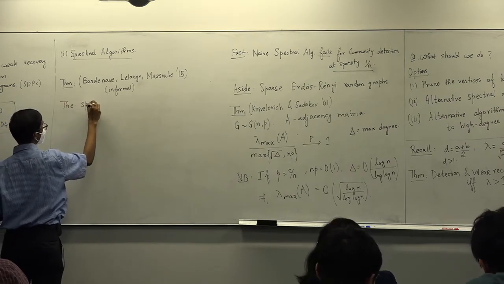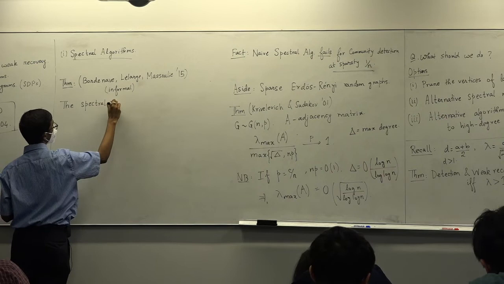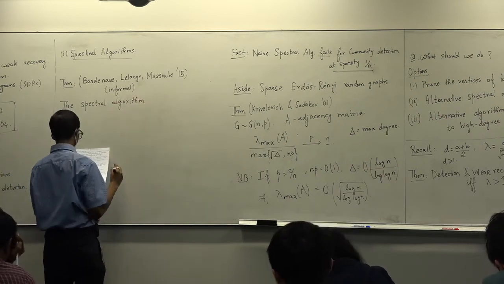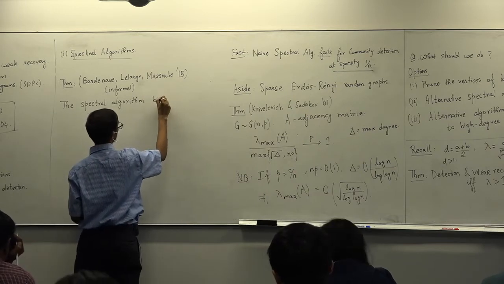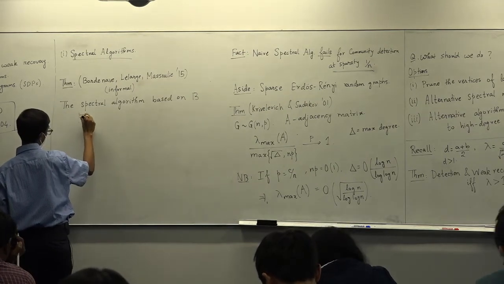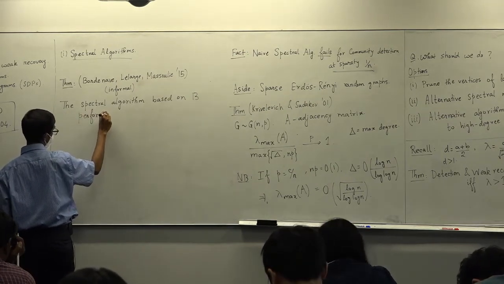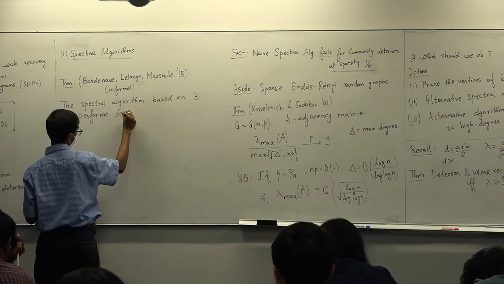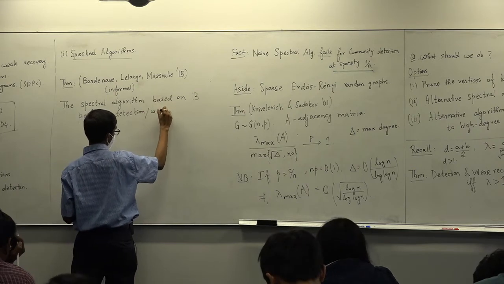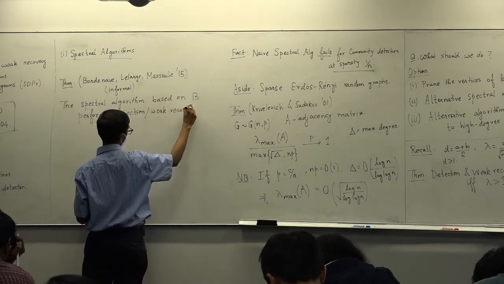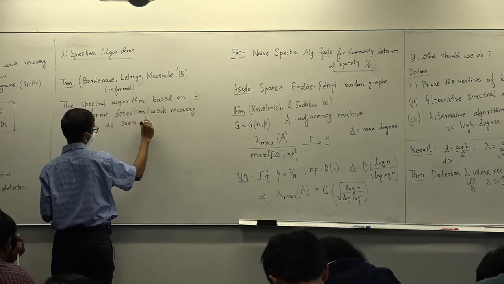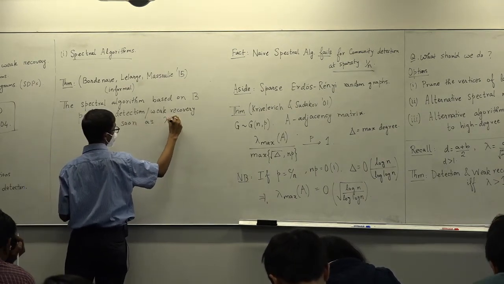The spectral algorithm based on B performs detection and weak recovery as soon as lambda is bigger than 1.